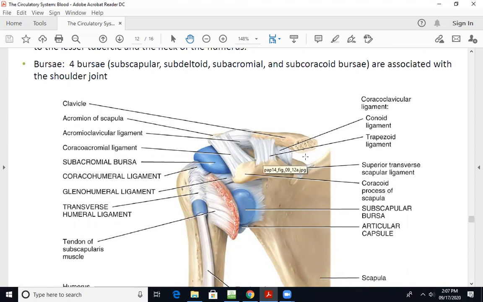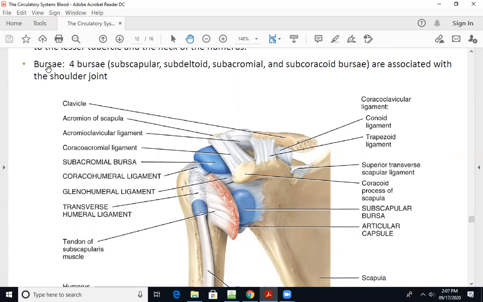Those you do not need to worry about, because those ligaments, mainly all these right up in here, are not associated with the true shoulder joint. They're more associated with attaching the clavicle to the acromion of our scapula, forming that AC joint. If you go on into more advanced anatomy class, you'll probably have to know those, but for now, we'll keep it fairly simple.